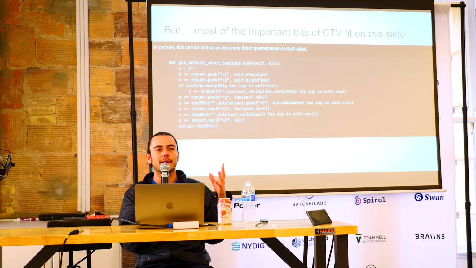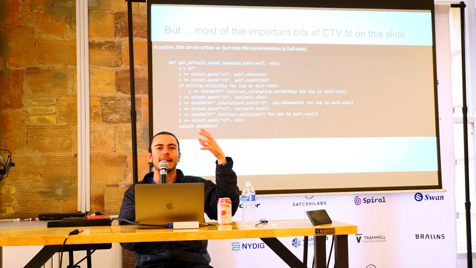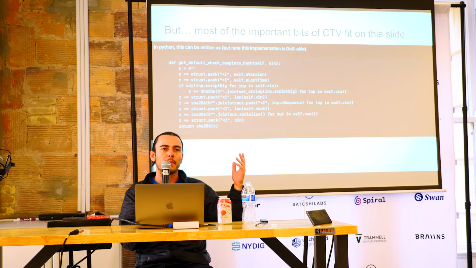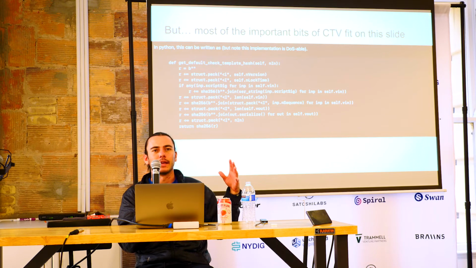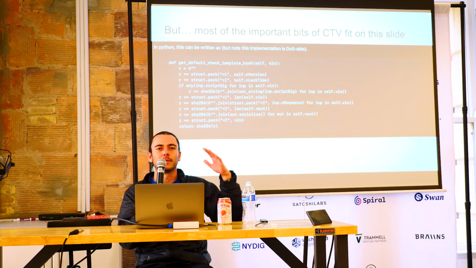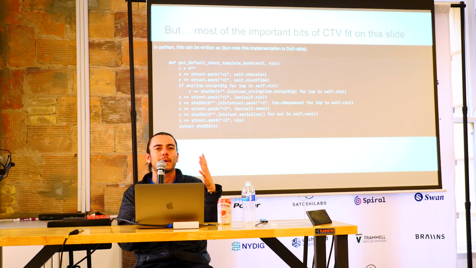If you do more than one input in general with CTV, you lose a lot of the ability to prevent malleability because any input could satisfy that. The original incarnation of CTV did not allow more than one input. Russell O'Connor asked me to allow more than one input. And so then the half-spend problem was created, it was solved, but there's no fix for the malleability problem at large. There are some interesting things you can do though, but that's why that's there.